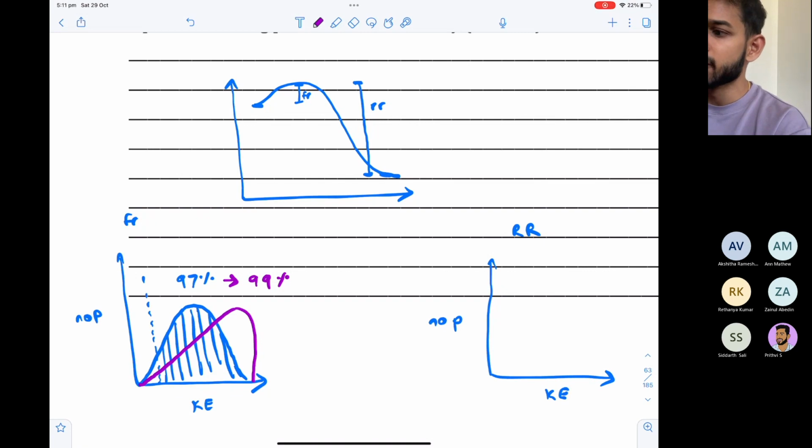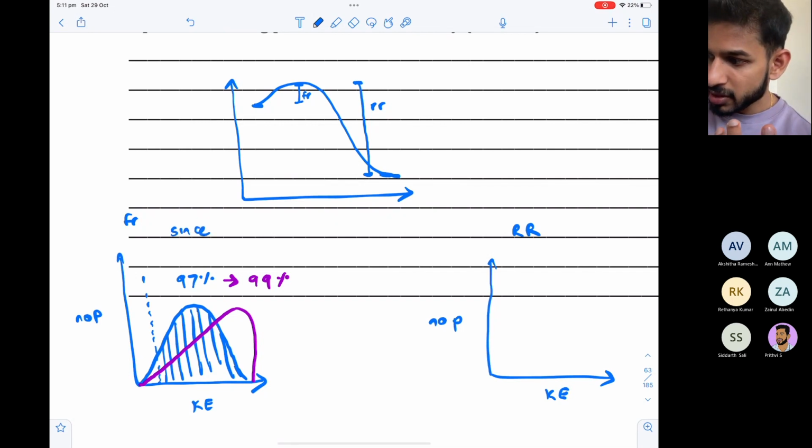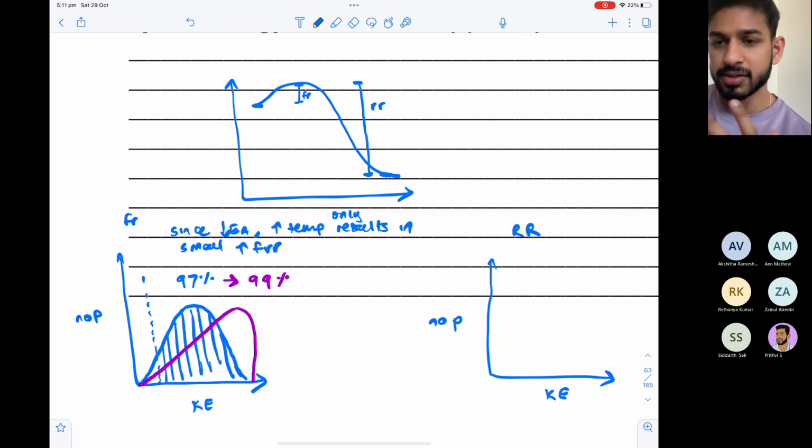But let's have a look at the reverse reaction rate. Okay, we're looking, according to particle collision theory, at the percentage of successful collisions here. So the explanation according to collision theory is, since the activation energy is so low, an increase in temperature only results in a small increase in the forward reaction rate.